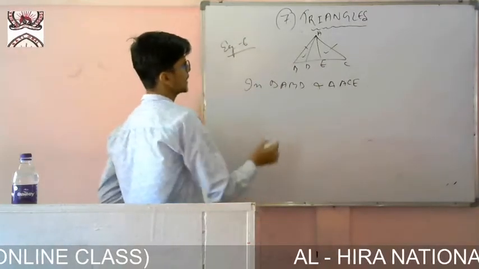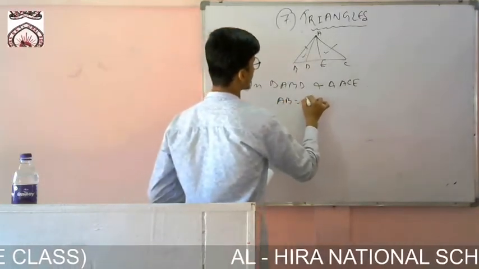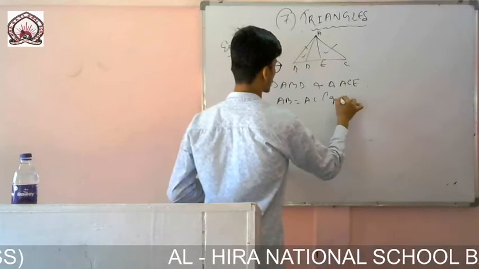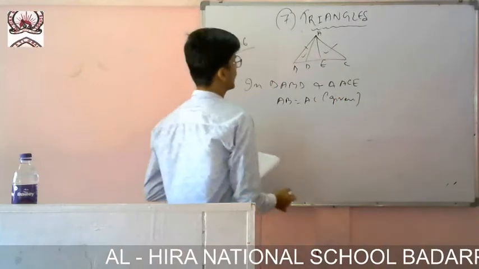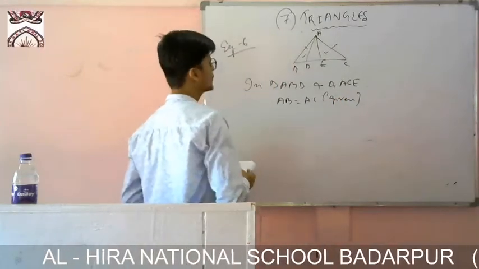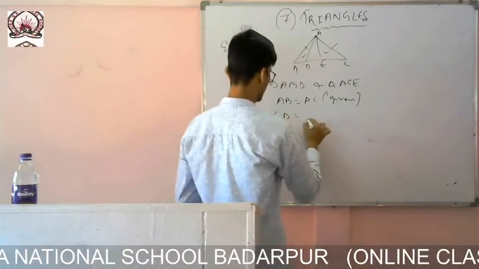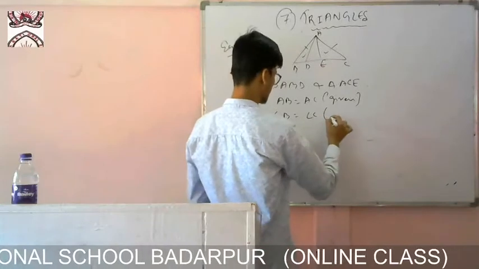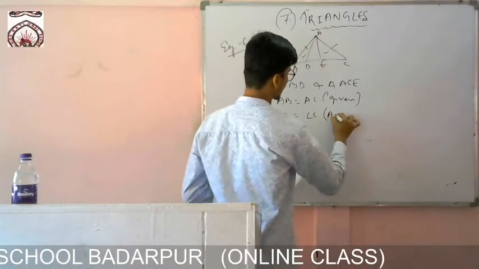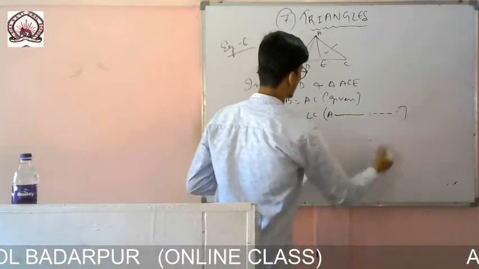Okay. So here it is given AB equals AC. It is given in the question. Then angle B equals angle C. If two sides are equal, then the angles will also be equal. Their reason is: angles opposite to equal sides are equal.